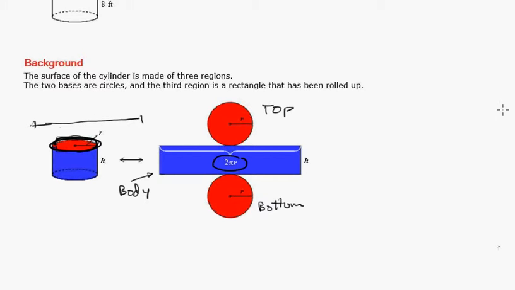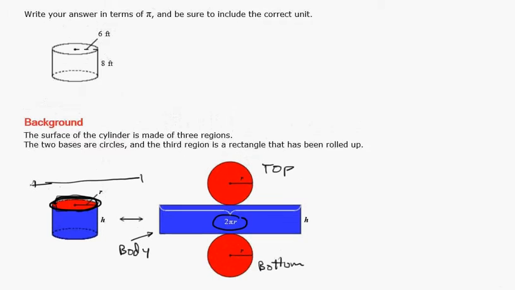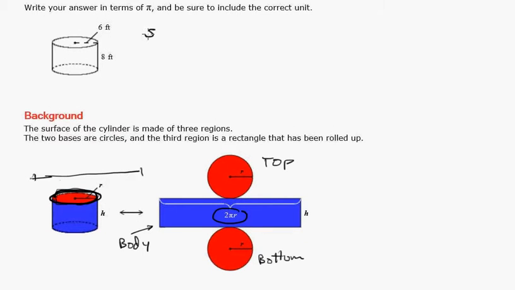So the surface area is equal to 2 times the area of the circle plus the length times the width of the body. The area of a circle is pi r squared.